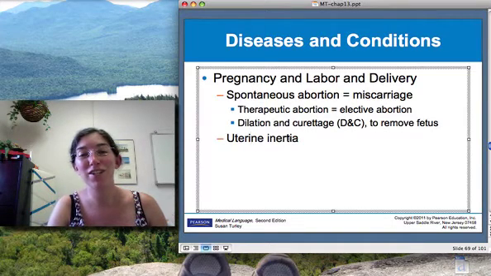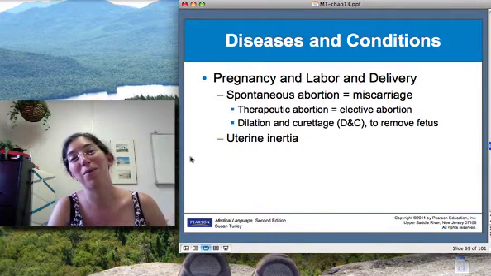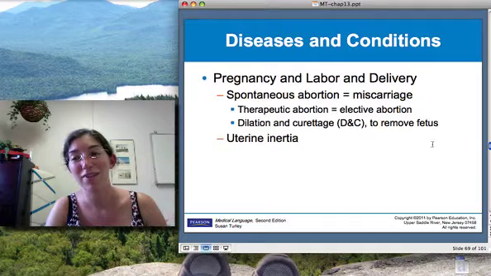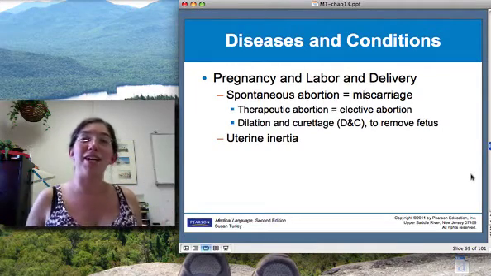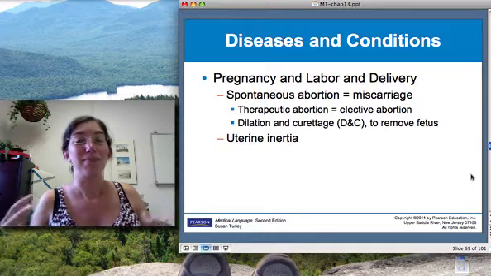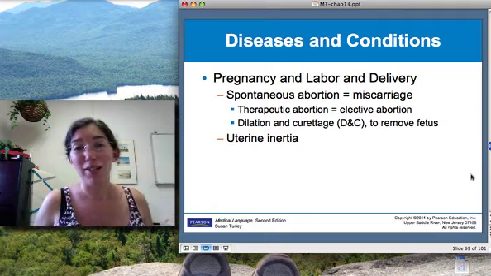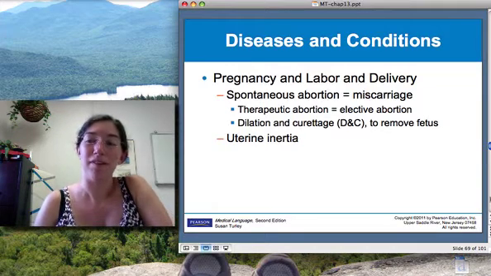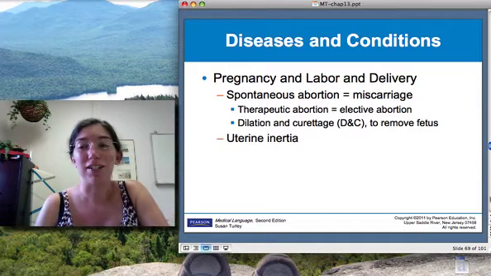So uterine inertia is a uterus that is not moving, that won't move and is not contracting enough. If you are in labor and your uterus is not contracting hard enough, then you're not going to be able to get that baby out. So in a hospital setting, there are drugs that can increase uterine contractions.